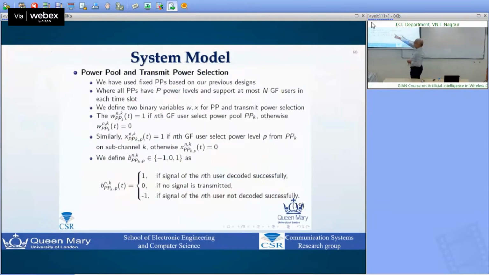W is 1 if the user selected that particular power pool, and X if a user selected a particular power level.